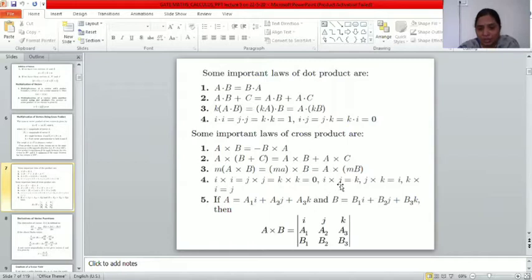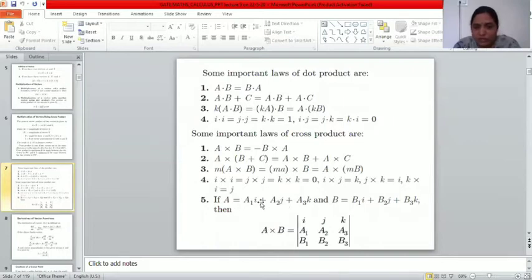I cross J will give you K, the next term in the sequence I J K. So I cross J is K, then J cross K is I, K cross I is J, and if I write the opposite, J cross I, then it will be minus K. Remember this.